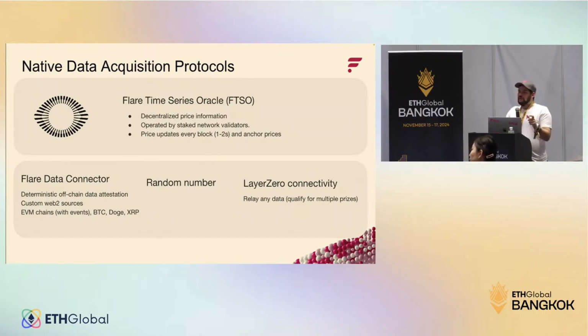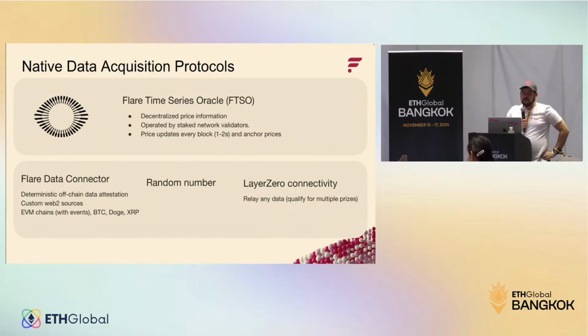And from EVM chains, you get the most important thing, which is events. So you can attest to a specific event happening on an EVM chain, and then you can use this on Flare to do something else. So you can attest to a Uniswap swap happening, you can attest to a transfer happening, you can attest to an NFT burning, and then upon this NFT burning, you do something else on Flare and have the connectivity.